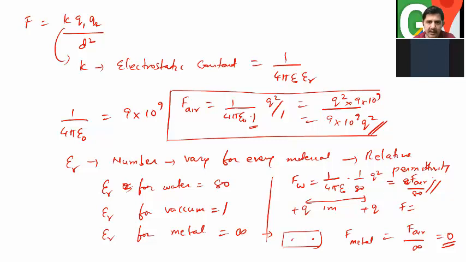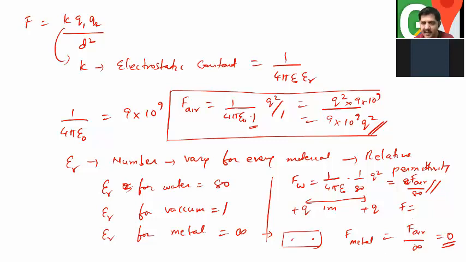So in other words, in water there is a resistance to the electric field between the two charges, while the electric field is more permitted in the case of air, and in the case of metal, the electric field on the surface is literally 0.